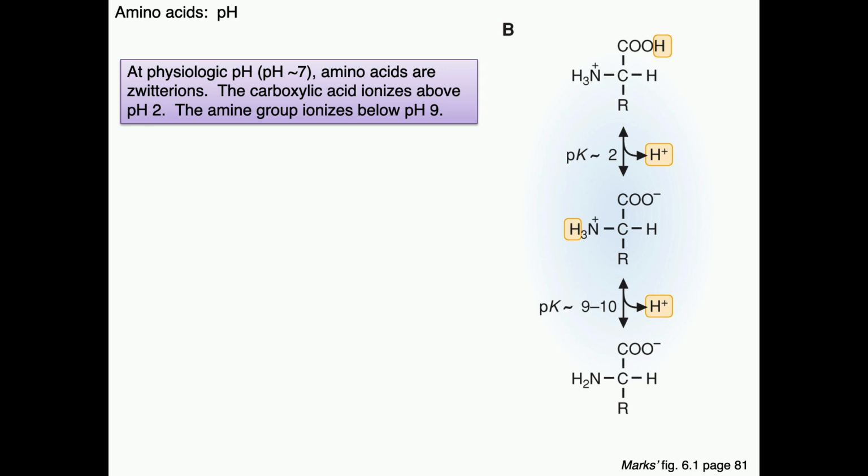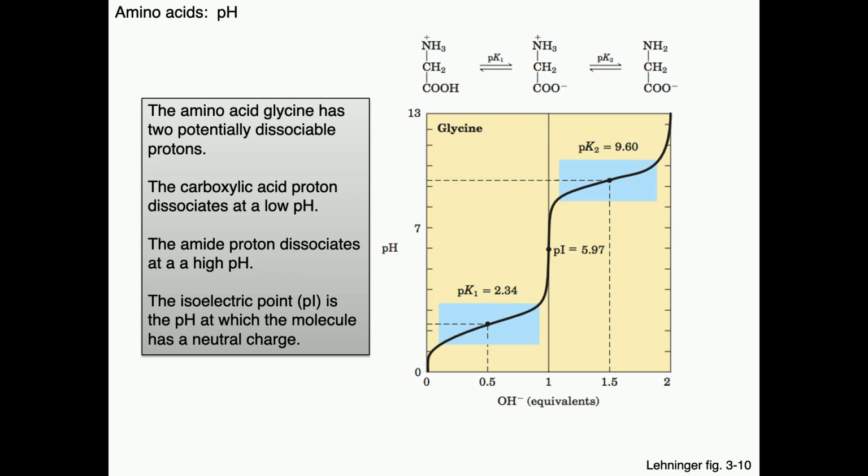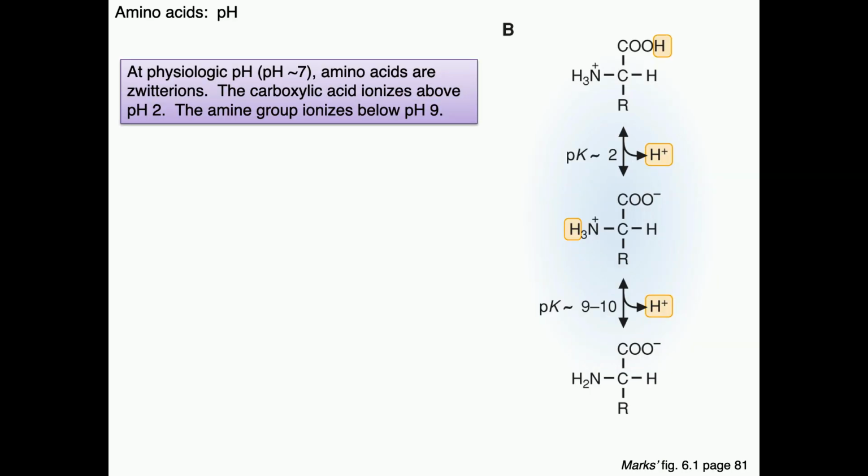Is that clear, or does that need some elaboration? This part of the reaction is shown here, and this part of the titration curve is the ionization of the amine group. Clear? Okay. I don't want to make too big of a deal of that.